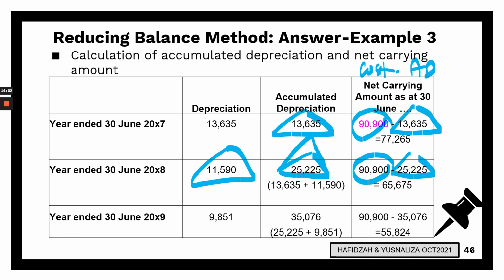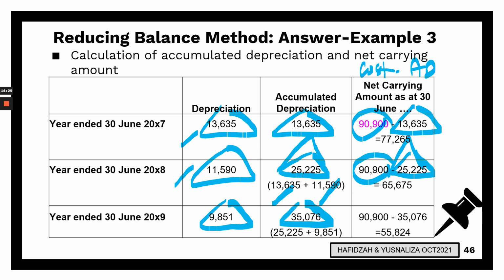So that gives you this amount of 25,225, which is the two amounts of depreciation from the previous year and the current year. And the third year, depreciation is charged again, and therefore the current depreciation is 9,851, but the accumulated depreciation would be the one that you added here, all these three actually.